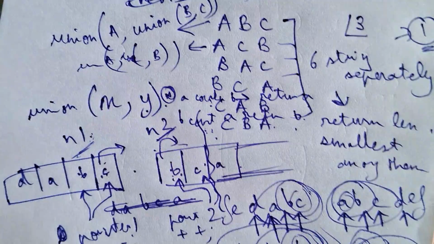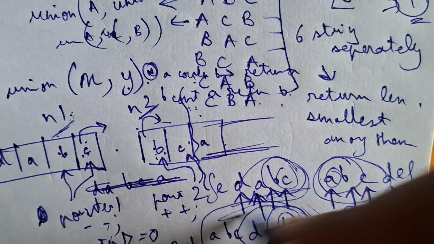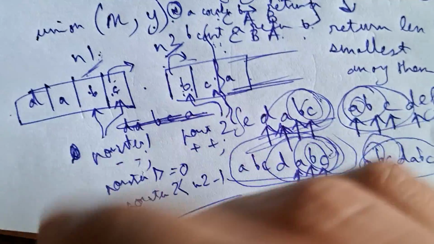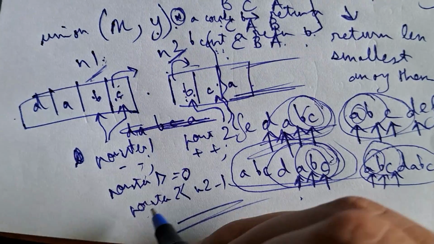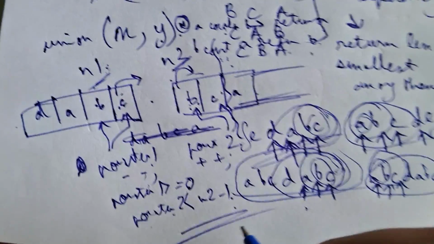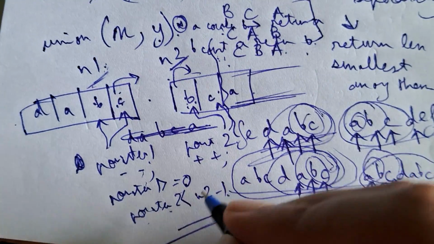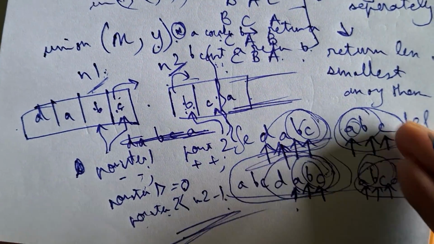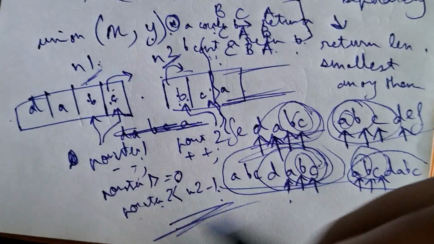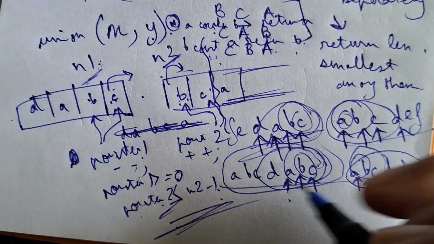You have to go on checking, because in this special case also, for this checking you have to do this until pointer 1 is greater than or equal to 0 and pointer 2 is lesser than n2 minus 1, that is throughout the whole string. And once you are done with it, you can return whatever the remaining portion is, right? That is whatever pointer 2 is pointing at.